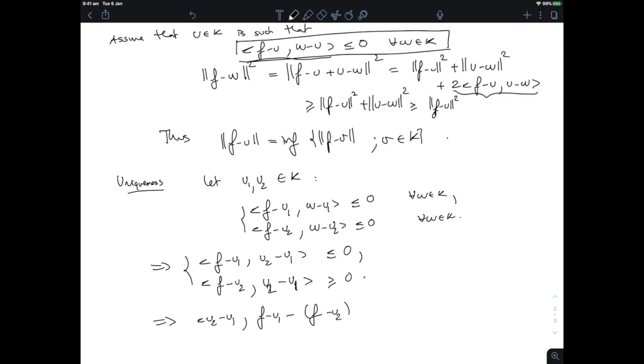It's maybe a simpler way of saying that. This will stay negative. But what is that? It is exactly the norm of u2 minus u1 squared. And the only way that this is less or equal than 0 is if u2 is equal to u1. And that completes the proof of uniqueness.